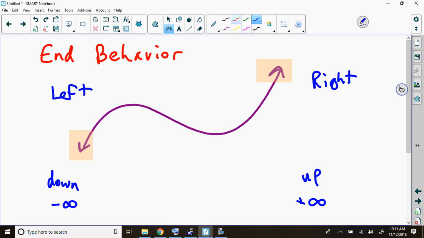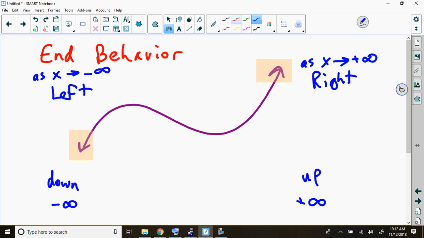And on the left, and this is kind of weird, when we say on the left, what we're talking about is as x approaches negative infinity. That's the language that Mr. Englehart's going to want you to understand. As x approaches negative infinity is the same thing as saying on the left side of this graph. So on the right side of this graph, we'd have to say as x approaches positive infinity.